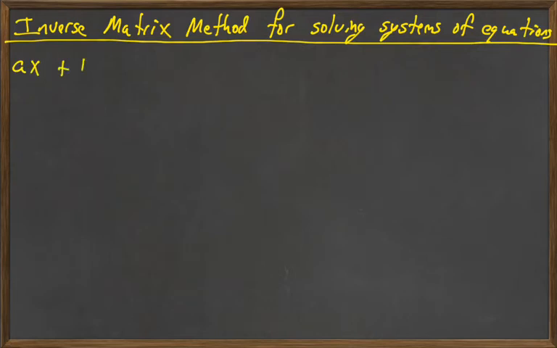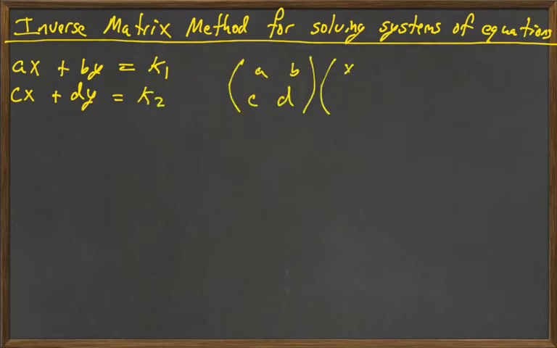Okay, so if we take our system of equations, ax plus by, and we'll say that's equal to k1, and our second equation, cx plus dy, is equal to k2, we can write it as this system of equations, and I'll go ahead and give us a little bit more justification.